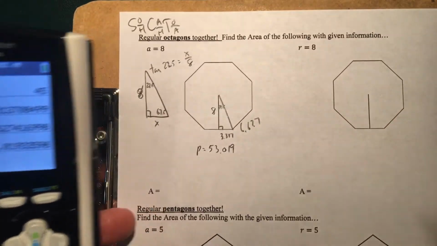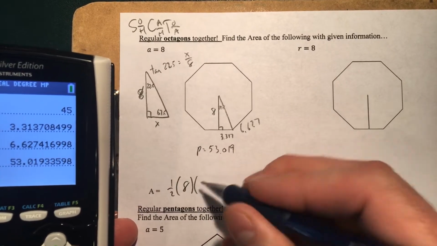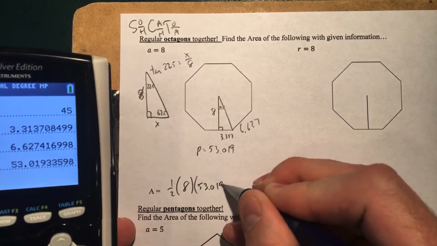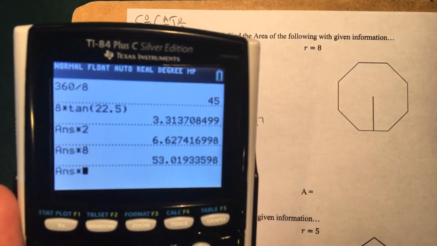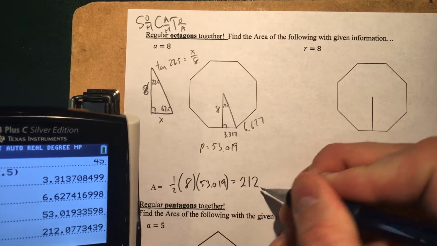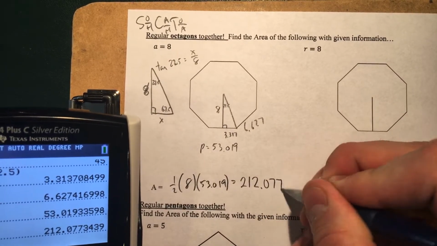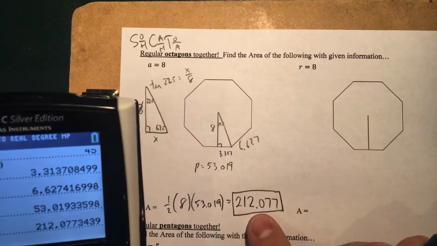Now, all I got to do is go 1/2 apothem perimeter, and this was actually a very, very quick and simple procedure. So I'm just going to do really 4 times that, and there is our area, 212.077. No way to keep an exact number because this is trig, and trig's not giving us exact values.